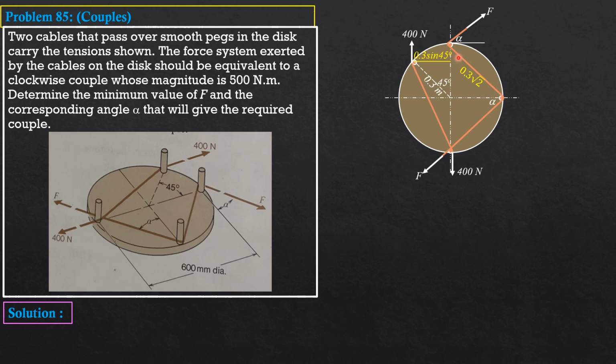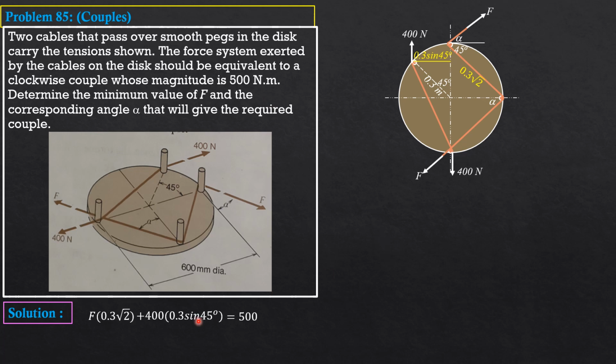So therefore torque, this is clockwise, and the direction of the 400 Newton forces in the second couple is also clockwise, so we add. So torque: F times 0.3 square root of 2 plus 400 times 0.3 sine 45 is equal to 500 Newton meter.